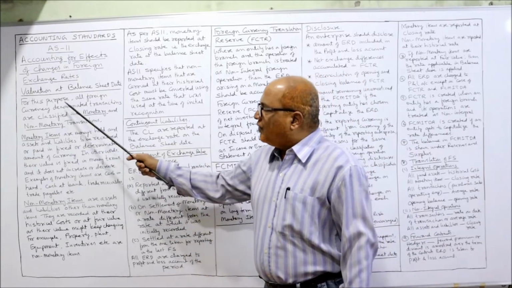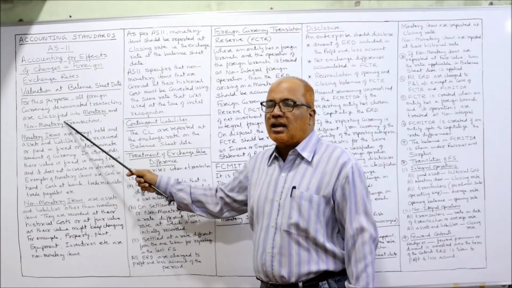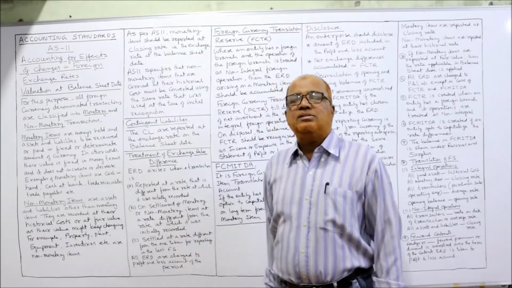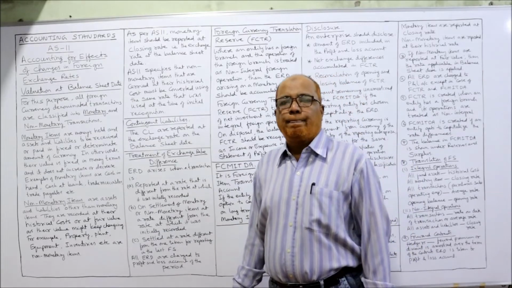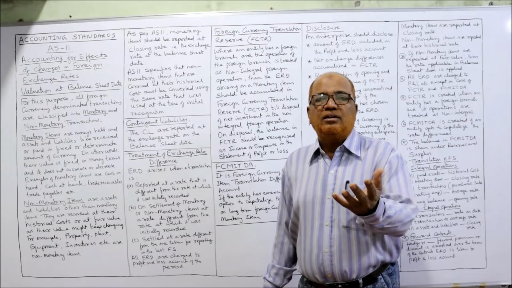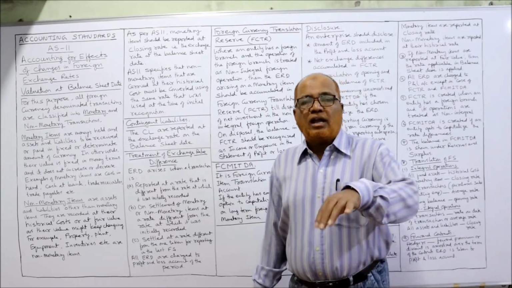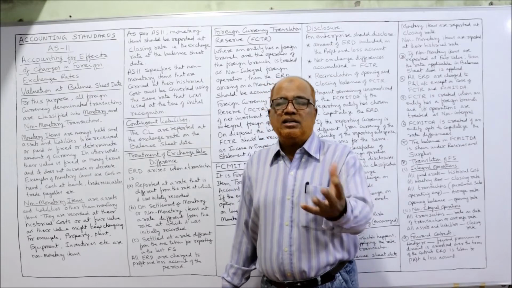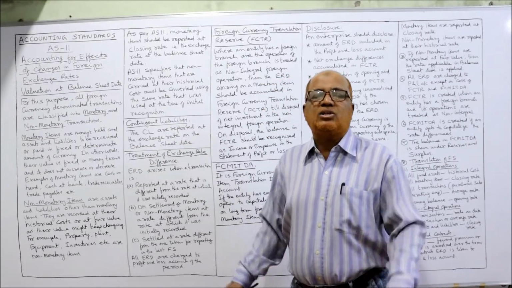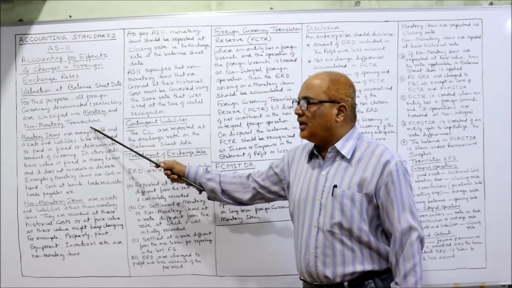For this purpose, all foreign currency denominated transactions are classified into monetary items and non-monetary items. That means as on the balance sheet date, we have to convert the foreign currency into reporting currency, and for that all items can be classified into monetary and non-monetary.